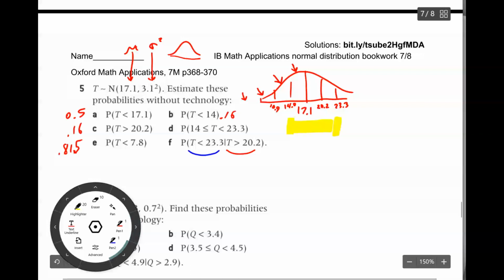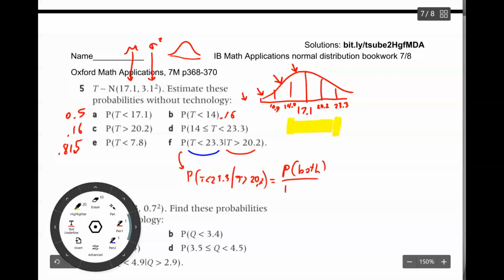The way you do these problems is you make a fraction. So this probability is T less than 23.3 given that T is greater than 20.2, and it's equal to the probability that both happen divided by the probability that the red event happens. Maybe I should have color-coded this blue.